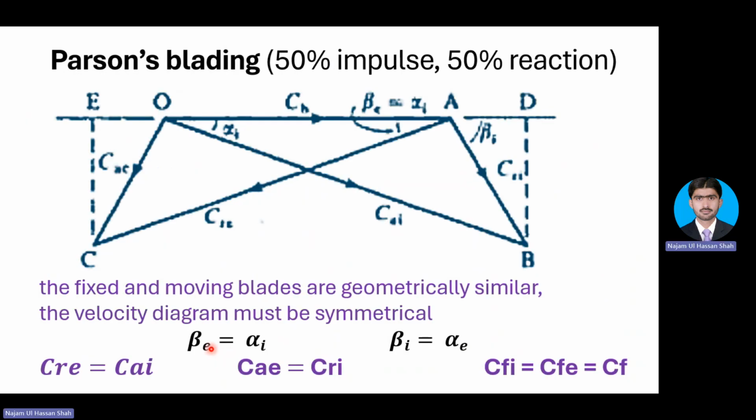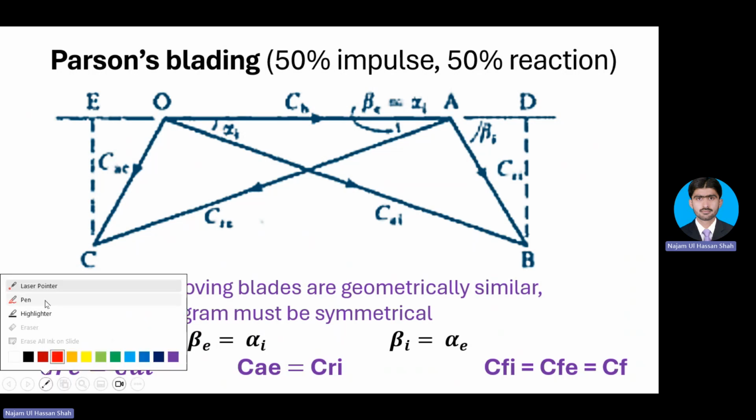Here is a velocity diagram for the Parsons blading, that is 50% impulse and 50% reaction turbine. The fixed and moving blades are geometrically similar. Therefore, the velocity diagram must be symmetrical. So in this diagram, the opposing angles are equal.